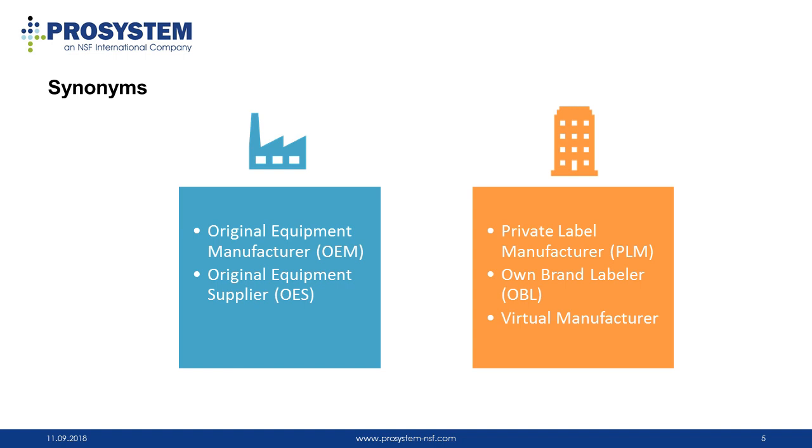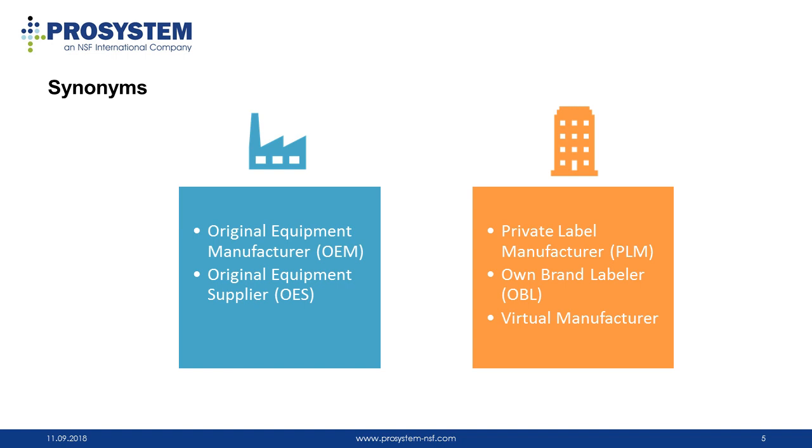Some of you may know these different combinations under different names. The most common names are OEM and PLM, so original equipment manufacturer on the one hand and the private label manufacturer on the other hand. But there are also different names which are used synonymously for that.